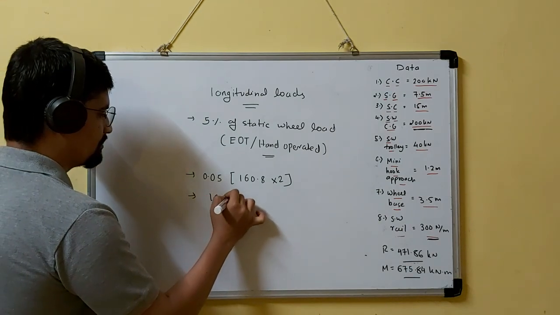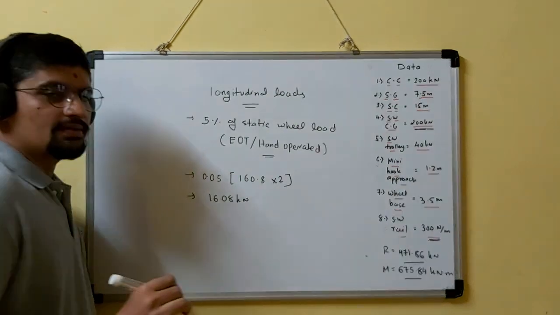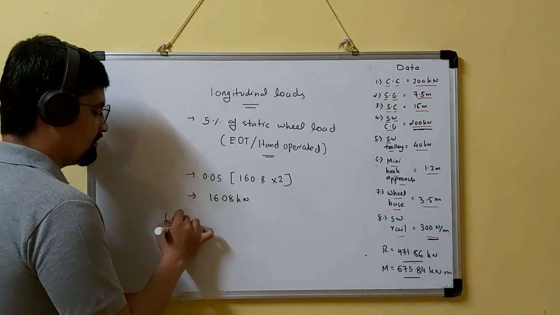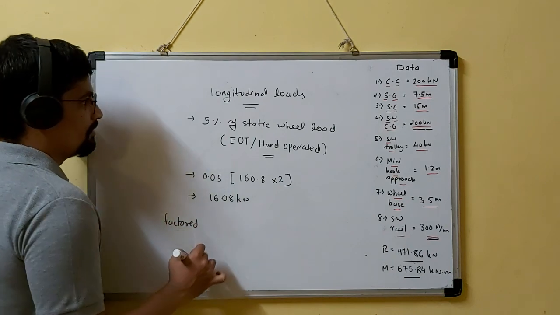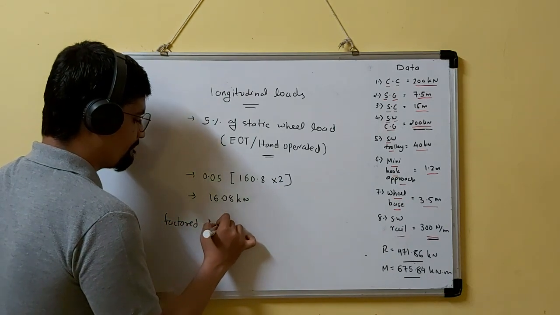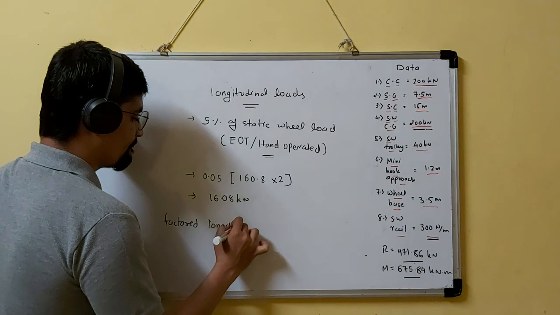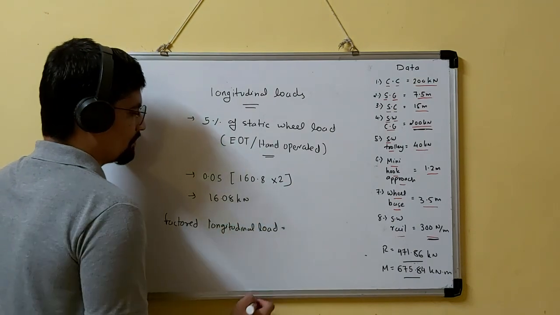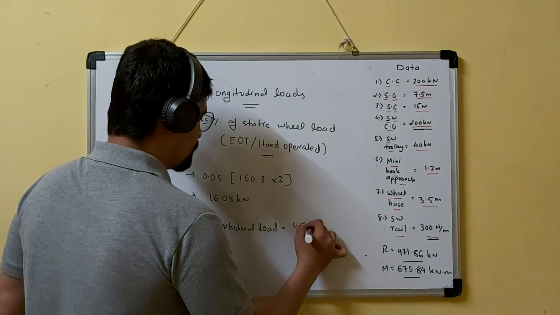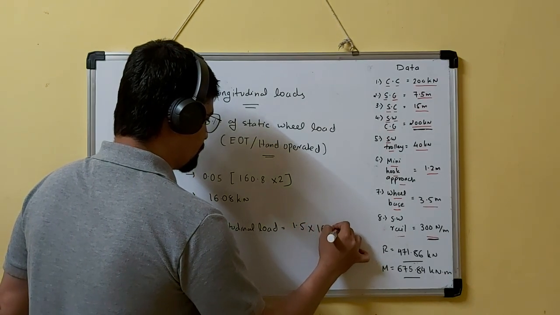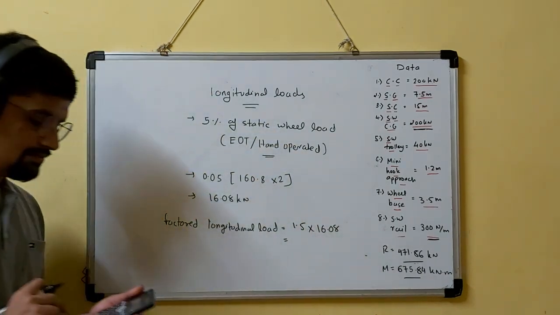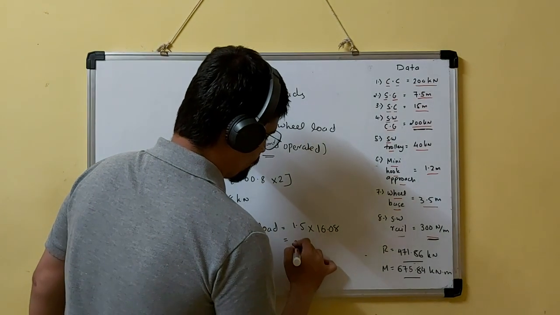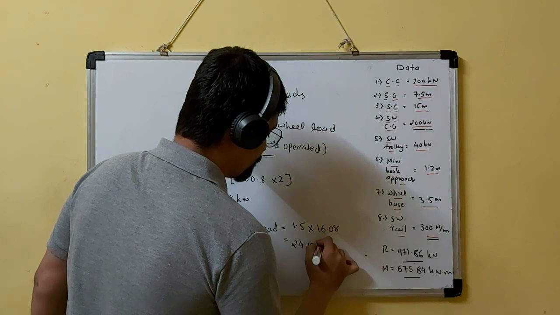16.08 kilonewton. Never miss doing the factoring. So the factored longitudinal load is equal to 1.5 into 16.08, so it will be 24.12 kilonewton.